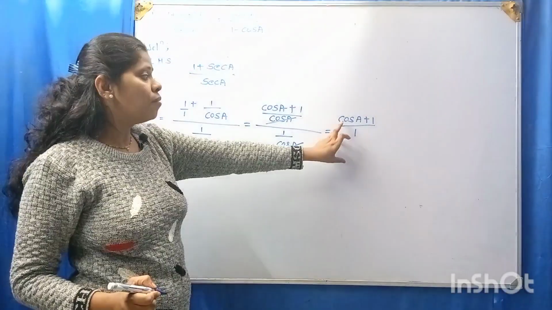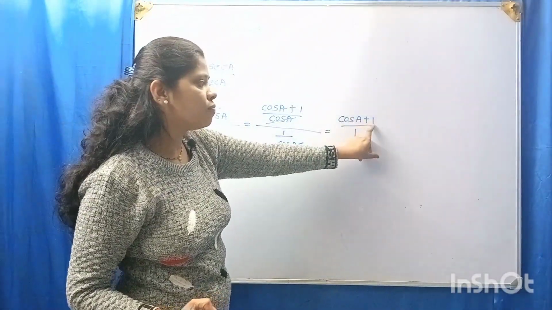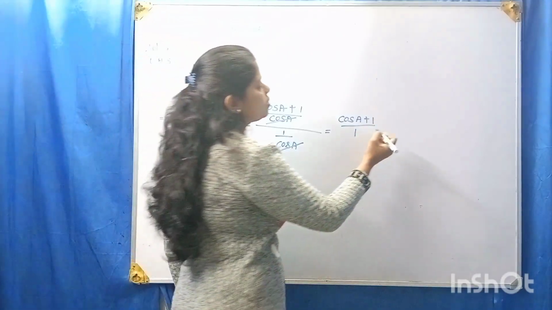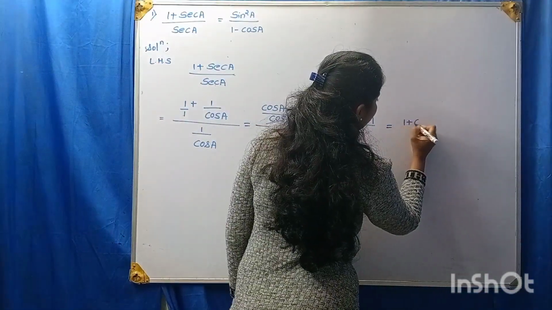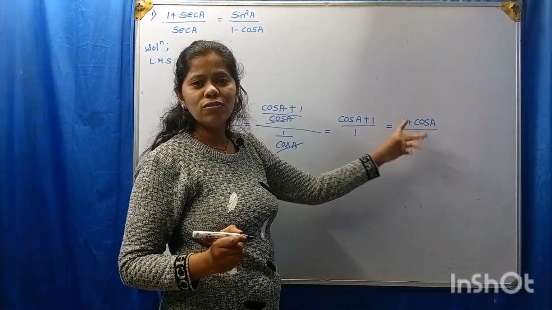Now, observe this carefully. Cos A plus 1, I will write it as 1 plus cos A divided by 1, because the value does not change.